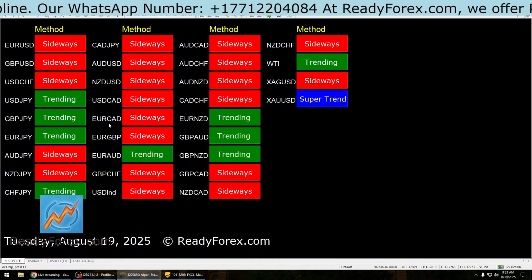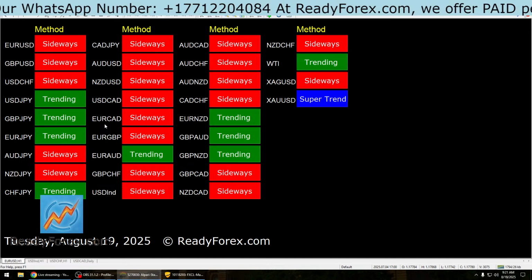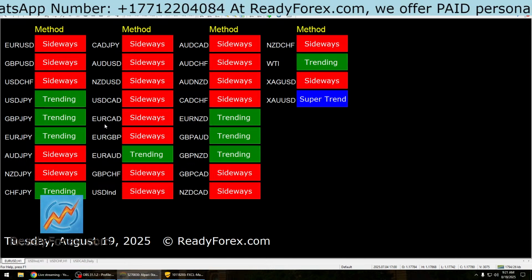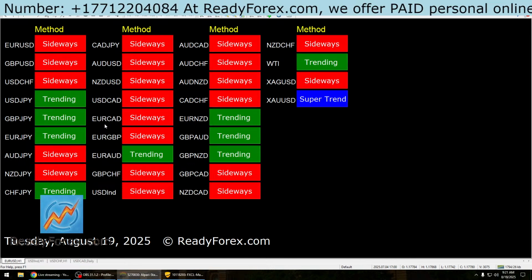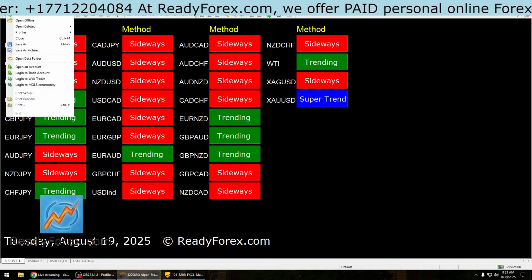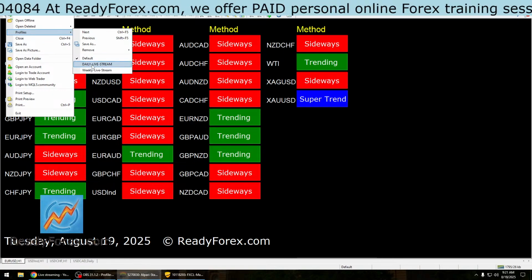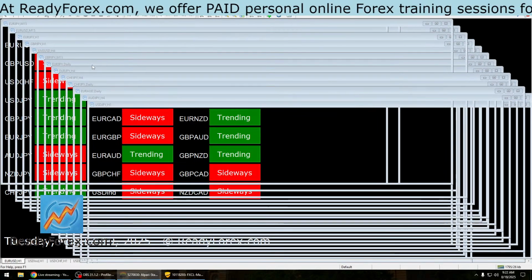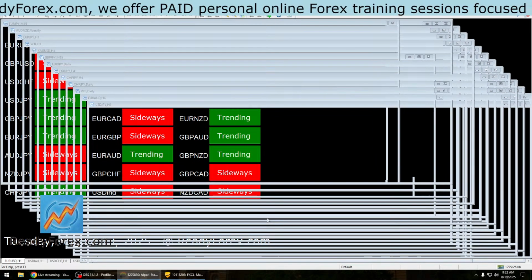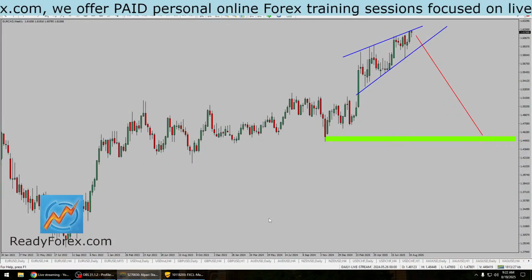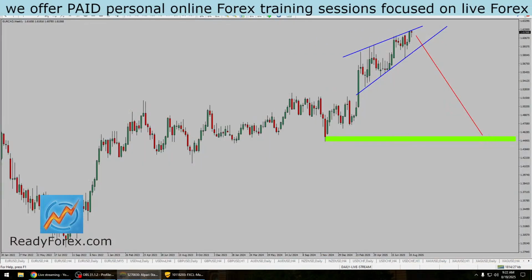The suggested method is to use sideways trading strategies. So this means EURUSD is probably going to print a top, or you know, it's a good idea to wait for a pullback and we can buy.